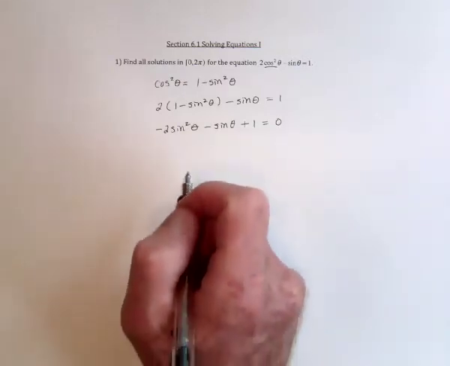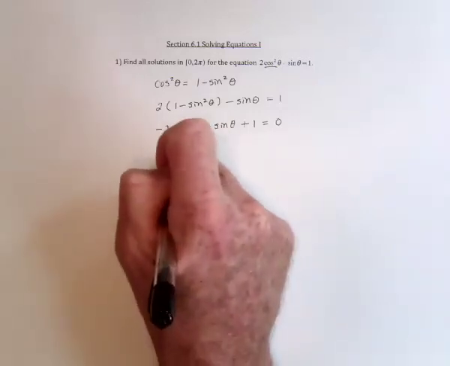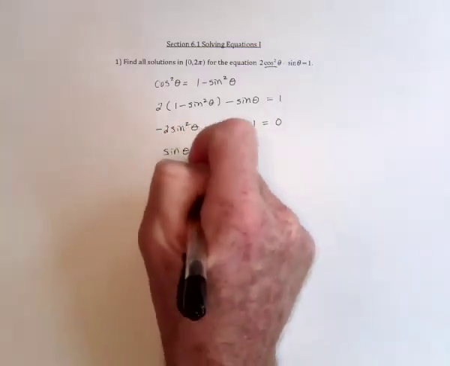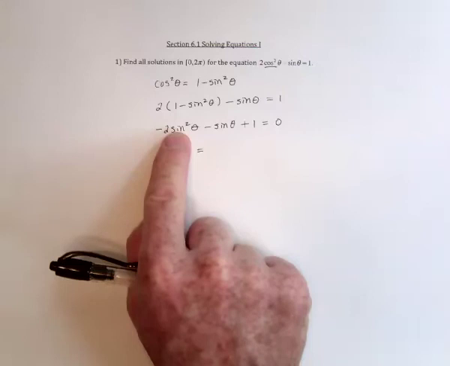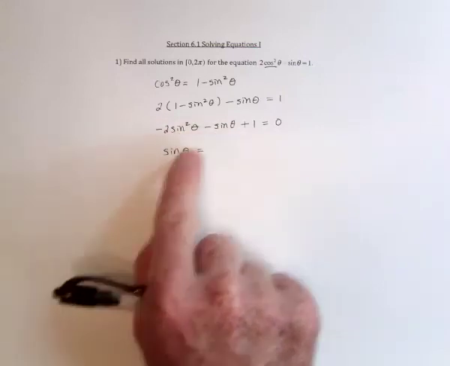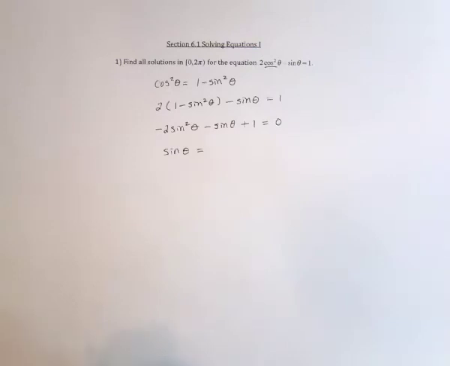And we could try to factor this, or we could use the quadratic formula. Factoring works sometimes, quadratic formula works all the time, so I'm going to use quadratic formula. In algebra, we would say that this was an x squared term and this was an x term, and then here we would have x equals. Well, instead we have sine of theta.